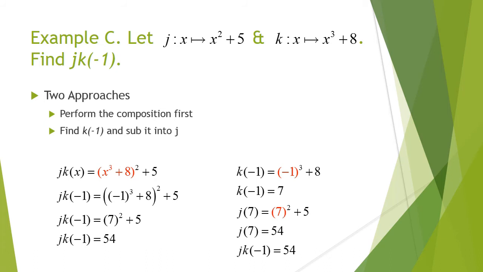So now, since k of -1 equals 7, I go ahead and in this j of k right here, I substitute 7 for k of -1 since they're equivalent. And then I just go ahead and find j of 7. And when I do this, I get 54. Now to show that I've composed those two functions, I'm rewriting my final answer just like I did the first time as j of k of -1 equals 54.